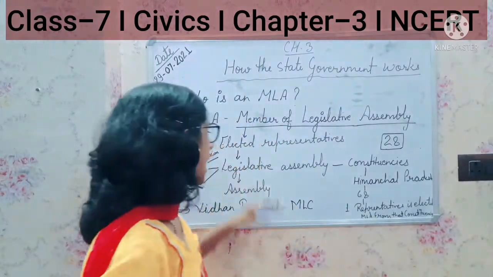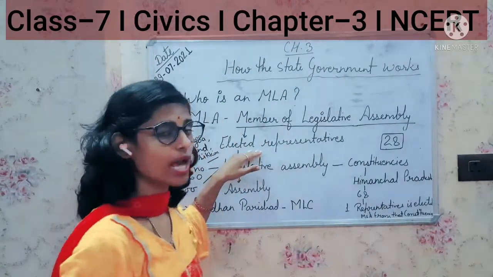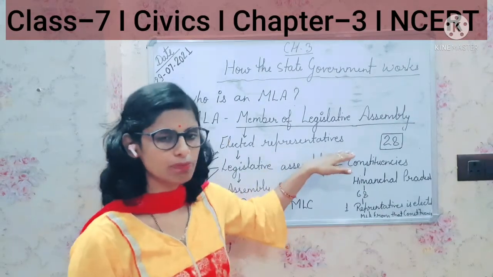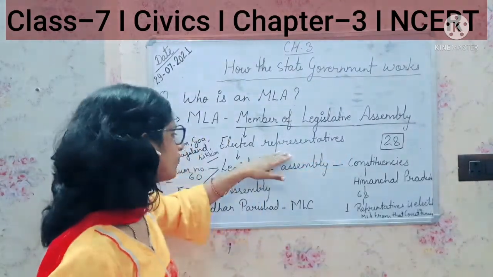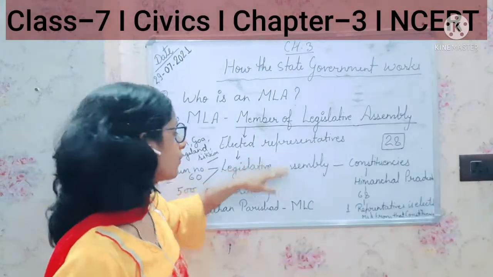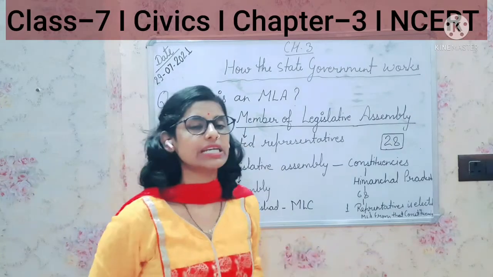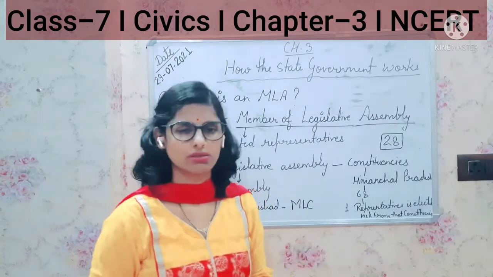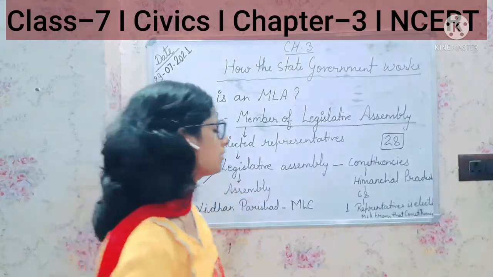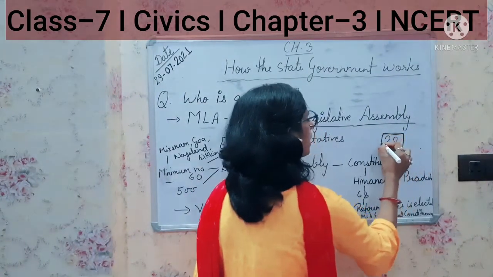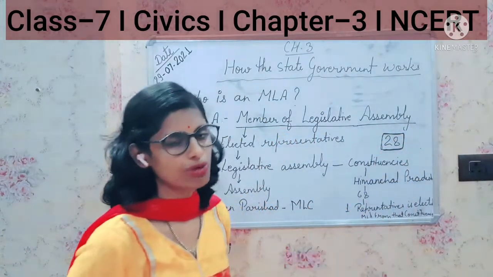So students, these members are known as elected representatives, as they are elected by the people, and after the election they are known as the Legislative Assembly members. Each state has its own assembly. As we have 28 states at present, how many states are there? 28.